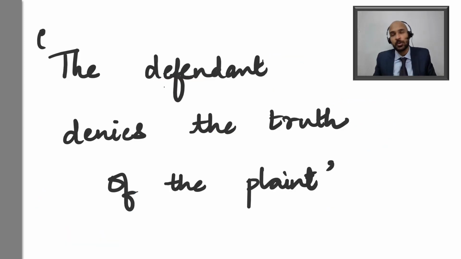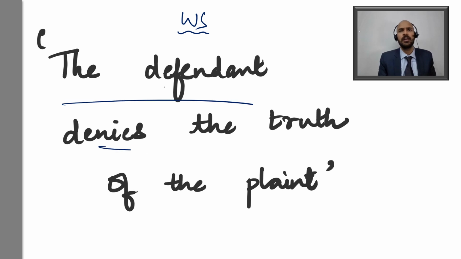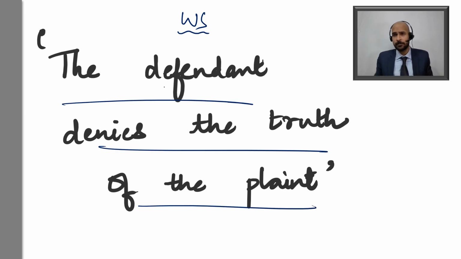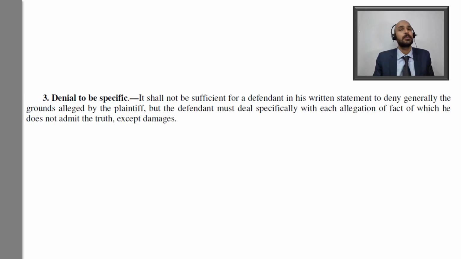Let me ask you a question. Suppose in the written statement the defendant simply uses one line and says that the defendant denies the truth of the entire plaint. Is this a valid way of framing the written statement? What do you think? The answer is no. Order 8, Rule 3 tells you that the denial has to be specific.